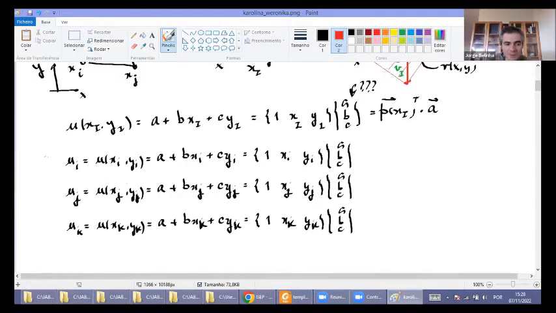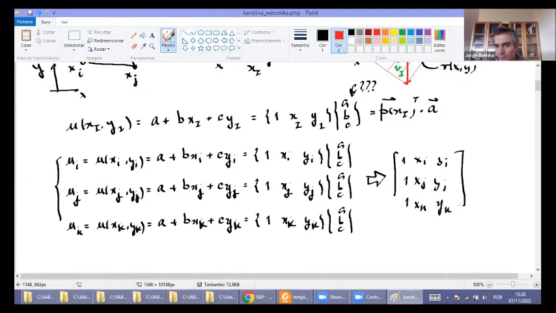Well, what I'm seeing here now is that I have a system. If you look at here, the 1, xi, yi, 1, xj, yj, 1, xk, yk are being multiplied by this vector. This is the same as organizing this in one matrix, 1, xi, yi, 1, xj, yj, 1, xk, yk, and multiplying this by only these three, ABC.